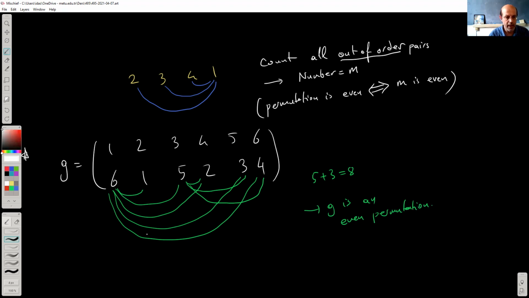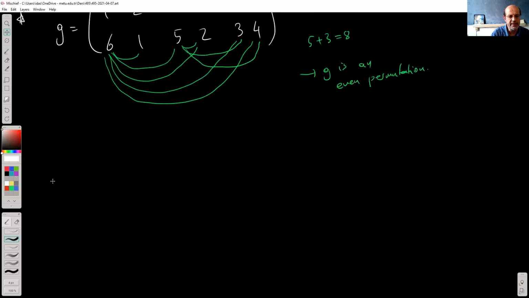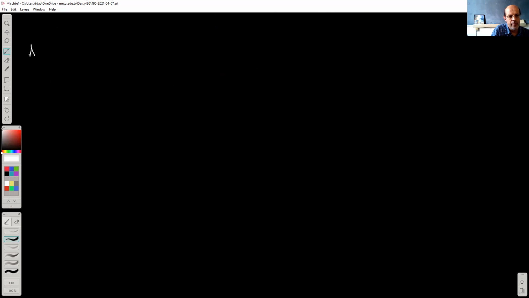Okay. I don't know if you have any questions in here, but let's talk about this Levi-Civita tensor in n dimensions. This is basically a signature, but I'm going to write it down like this.